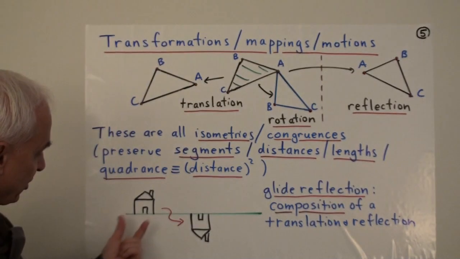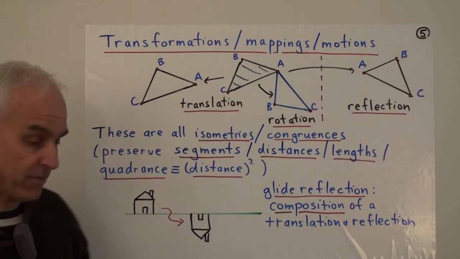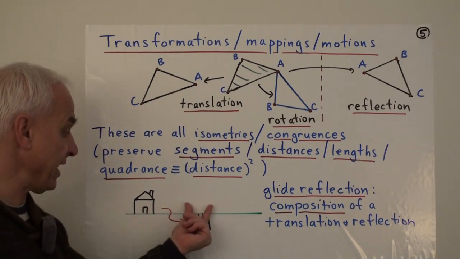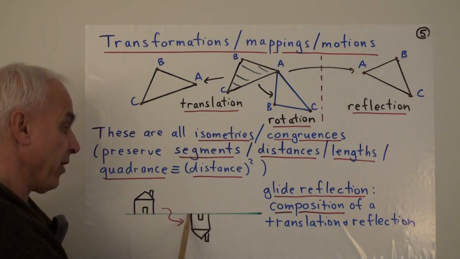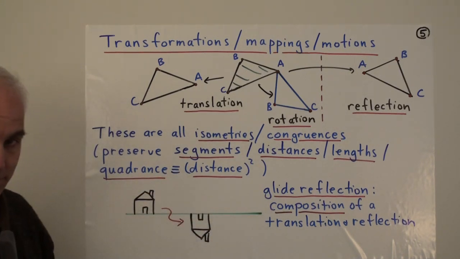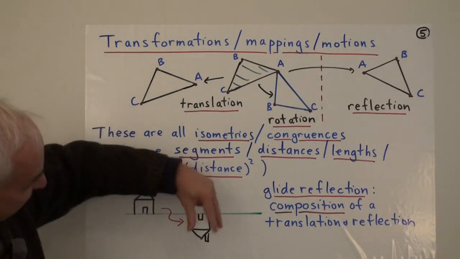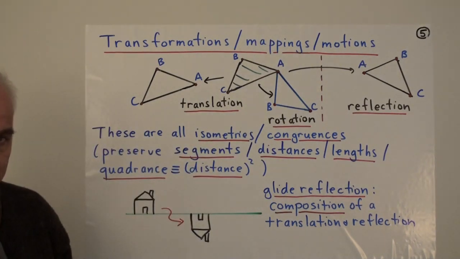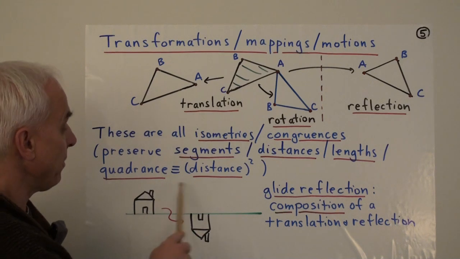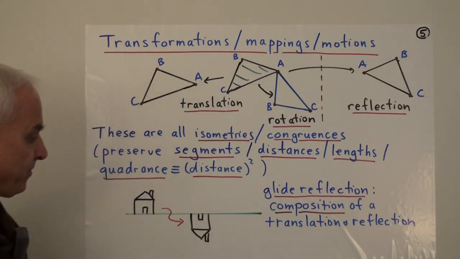So for example, if we start with this house and imagine doing two things to it. Imagine first translating it so that it's now over here, and then reflecting in this line. So imagine the house first moving over there, and then we're reflecting it in this line. So that's the composition of our translation and a reflection.